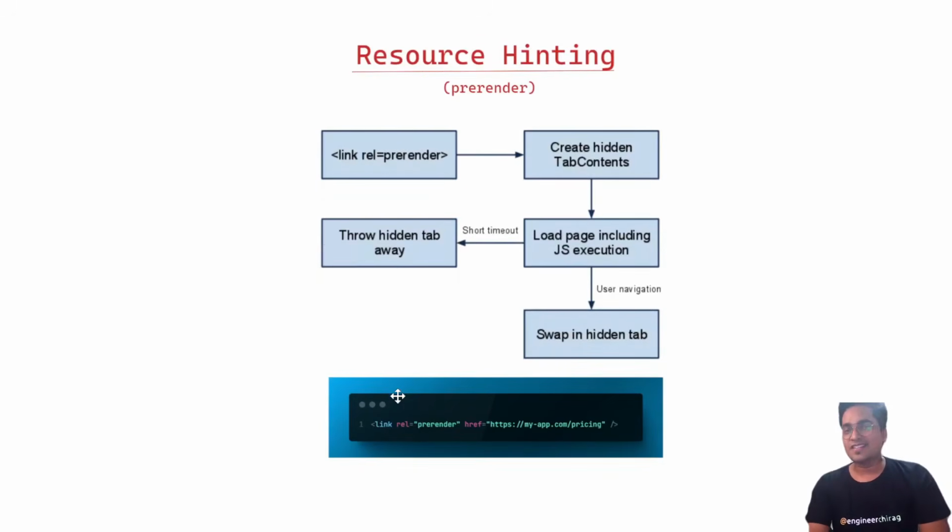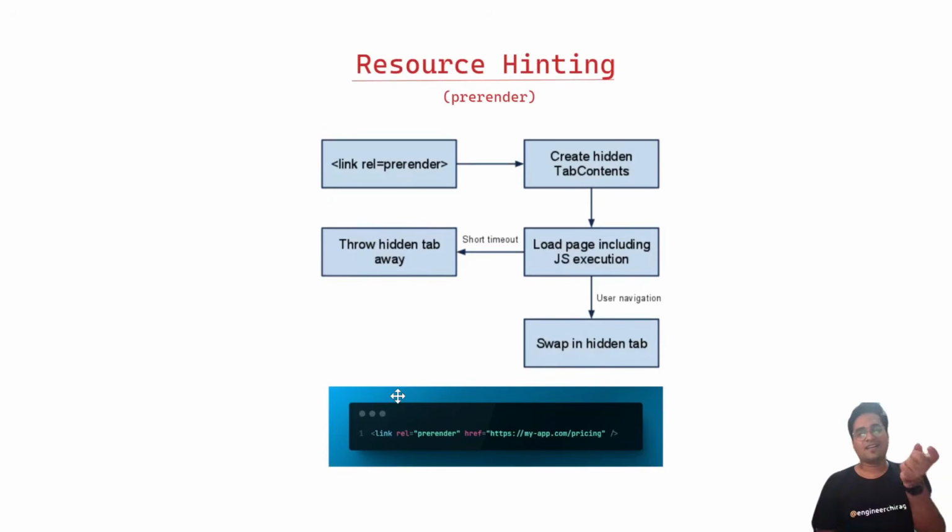Now, this is again a very interesting hint that you can give. Say you want to render certain pages which you are going to load next, or users are going to request in the next cycle, or users are going to click on a certain page, and you know these are highly visited pages. In that case, you don't want the user to click, navigate, then start requesting and downloading.